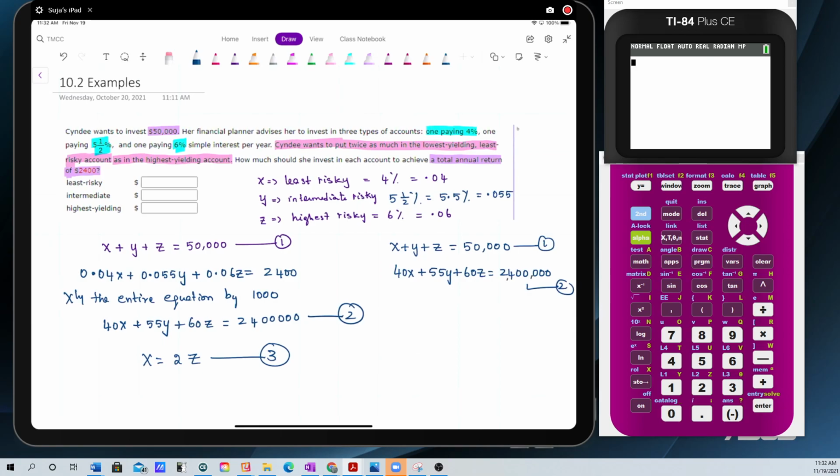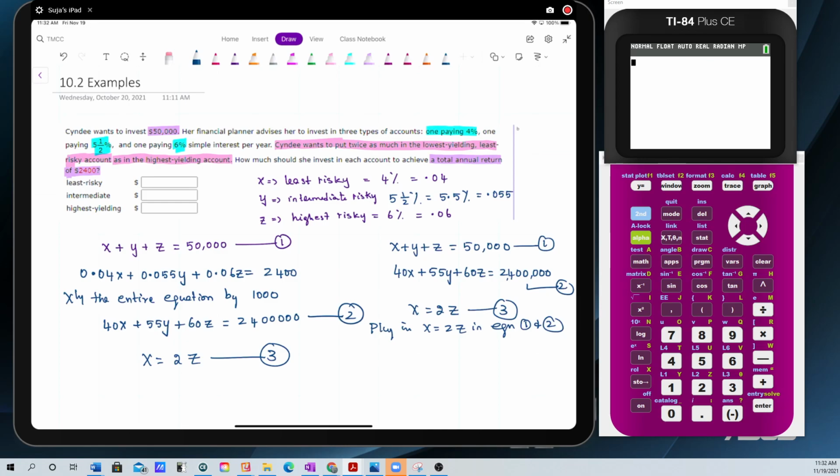Okay, and the third one I have is X equals 2Z. So here I can use all my skills of solving systems of linear equations. The first thing I'm going to do is eliminate the X from equations 1 and 2 by substituting equation 3 back in 1 and 2. So plug in X equals 2Z in equations 1 and 2.